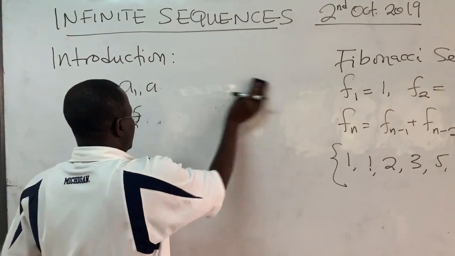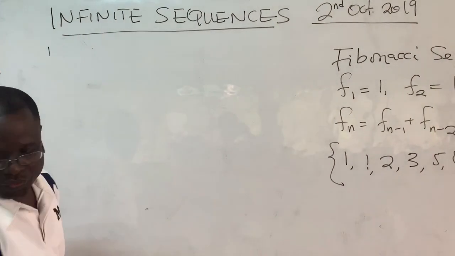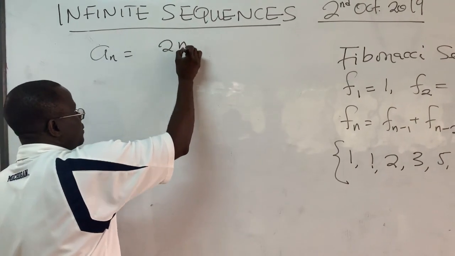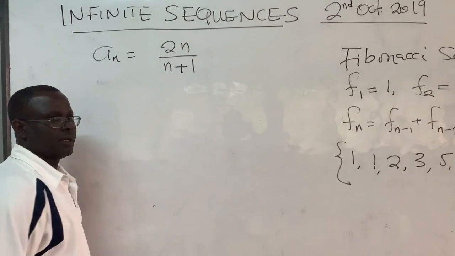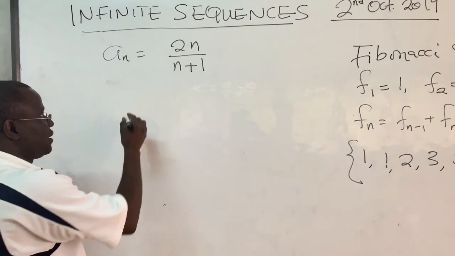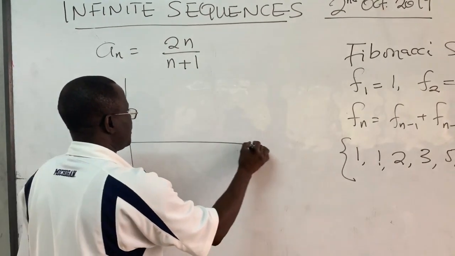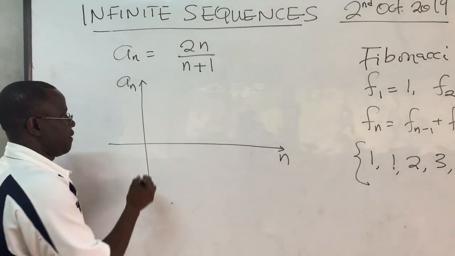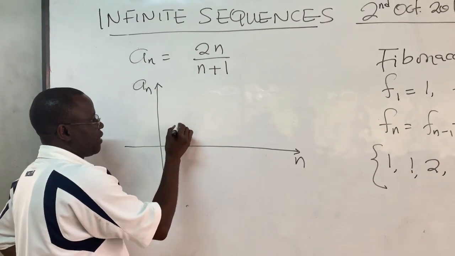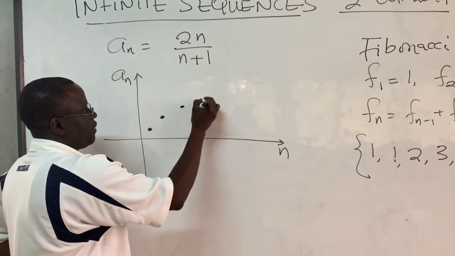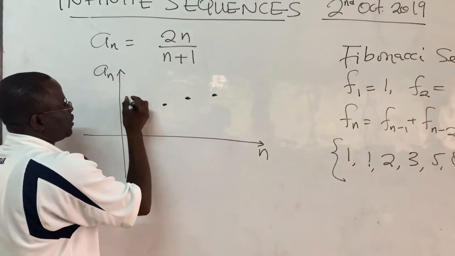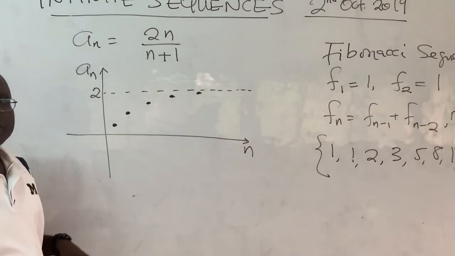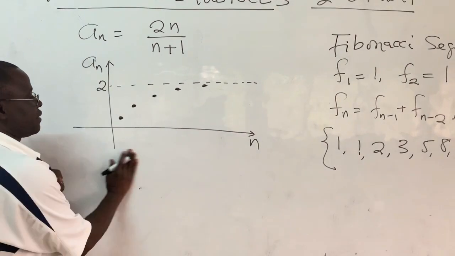If you look at the sequence I just wrote down, where an was equal to 2n over n plus 1, you can actually show that if you plot this on a graph, this is n, and these are your an's, you have points that start from somewhere here, there, and there, and you can show that this sequence is approaching the number 2. Very soon we'll see how that is the case.